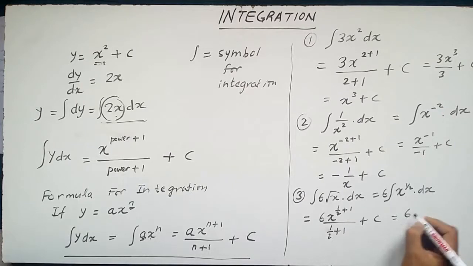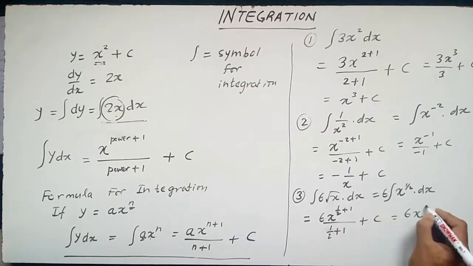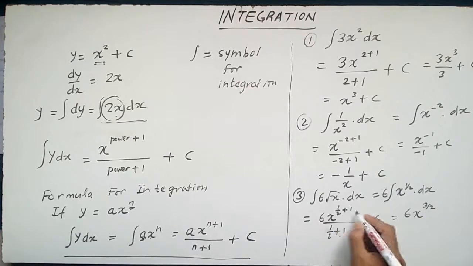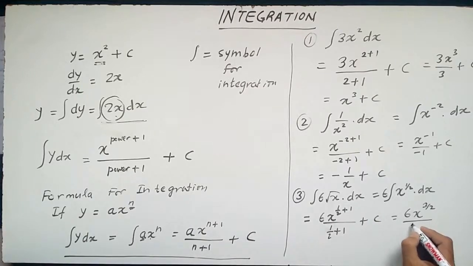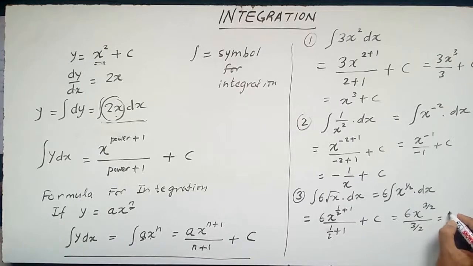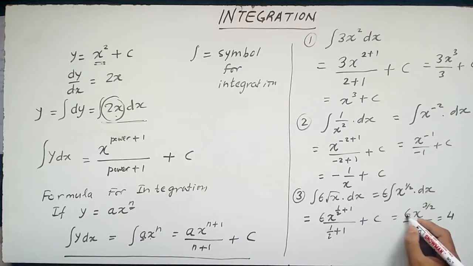This is the same as writing 6 times x to the power 3 by 2. Half plus 1 is 3 by 2, and we divide it by 3 by 2. So 2 will go to the top, so 2 into 6 is 12. 12 divided by 3 is 4. This will be 4x to the power 3 by 2, and we add the constant of integration. Okay.